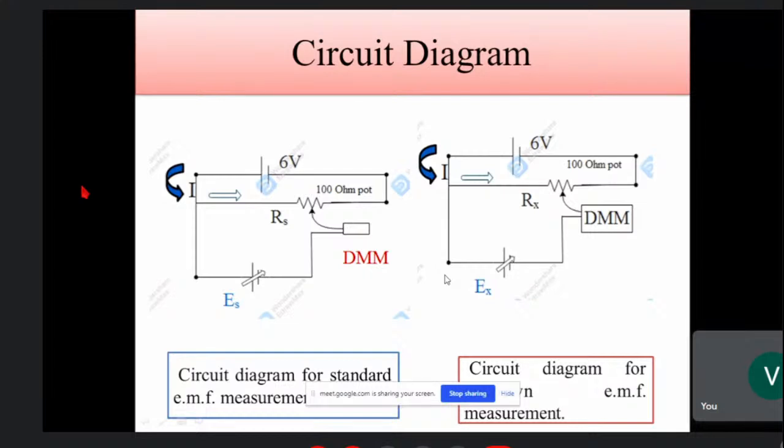So this is trying to send current in the clockwise direction. So the null condition will come only when these two potentials, that is the EMF of the cell, is equal to the voltage drop across this small part of resistance Rs. This is the beauty of this potentiometer principle. This is the basic principle of a potentiometer.